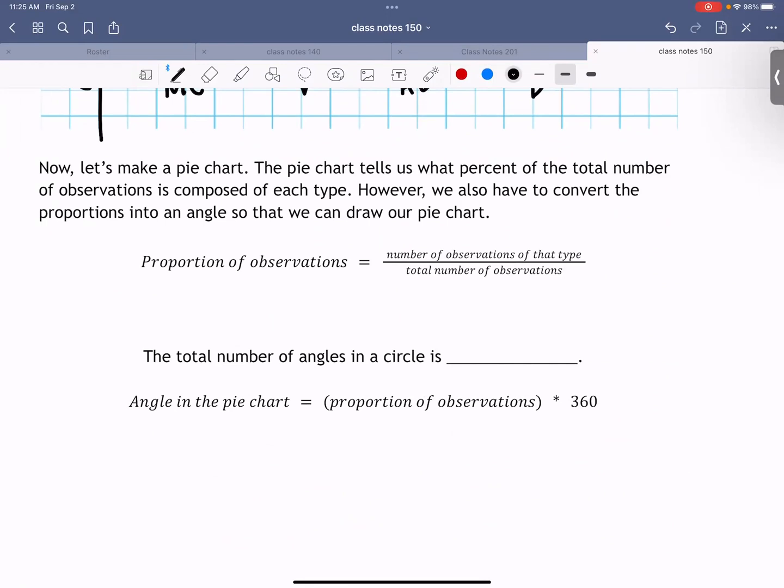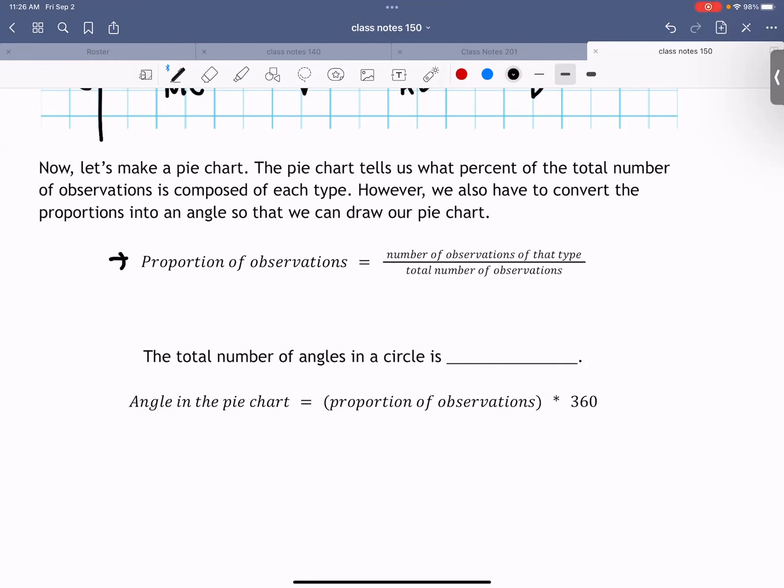So if we wanted to find the percent of observations, the first thing I would do is look at the proportion of observations, which is a fancy way of saying a decimal or a ratio. You take the total number of observations of that type, like the total amount of MasterCard, for example, and you divide by the entire total number of the sample. So in this case, the total number would be 8.